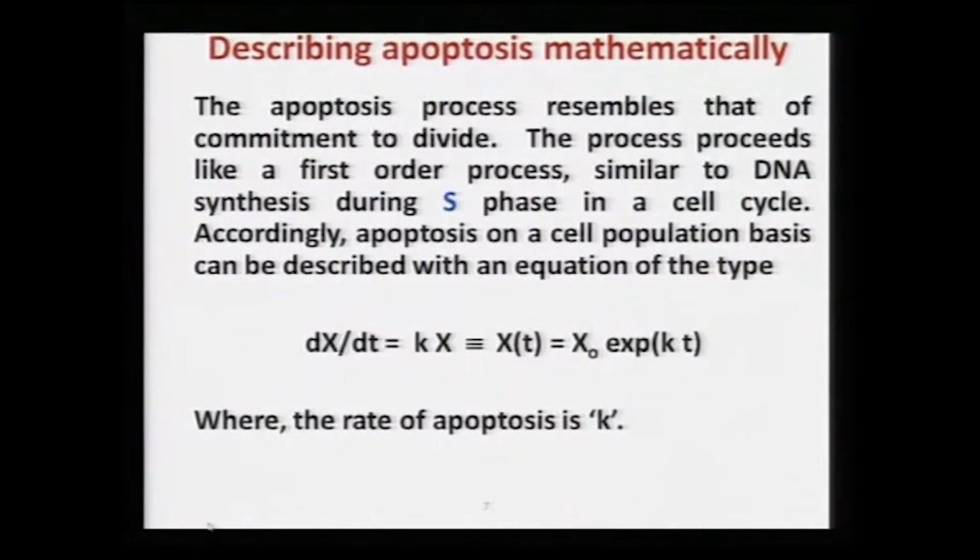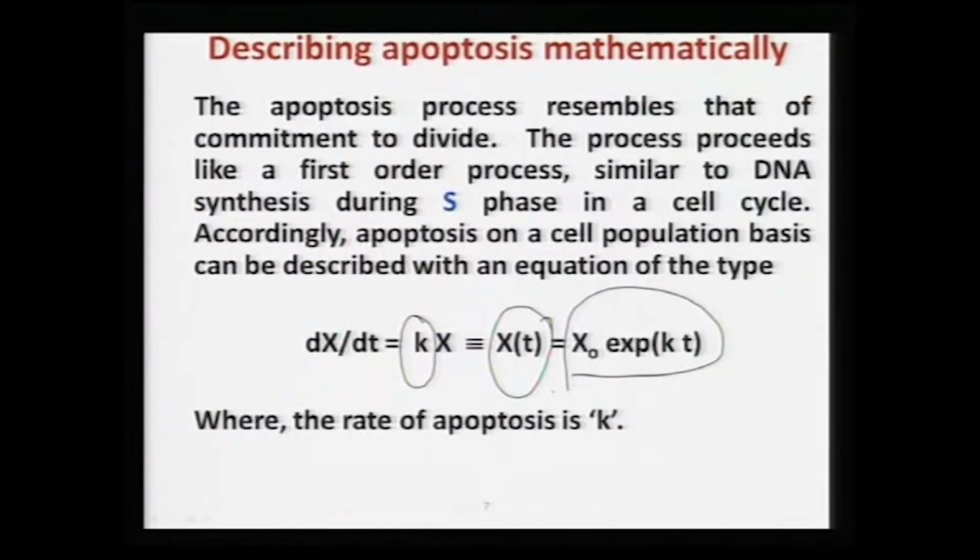So, the rate of apoptosis, that means the number of cells undergoing death, dx by dt, is proportional to the population at any particular instance x, and the proportionality constant here is known as k. So, dx by dt is equal to kx, and therefore, at any given instance, x of t can be written as x naught e to the power kt.